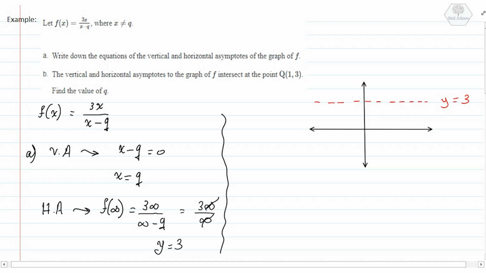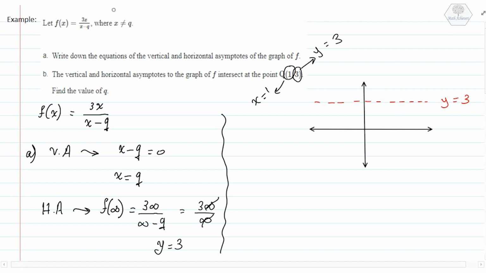In section B, the vertical and horizontal asymptotes to the graph of f intersect at the point (1, 3). It means this is the equation of the horizontal asymptote, and this is the equation of the vertical asymptote, x is equal to 1.